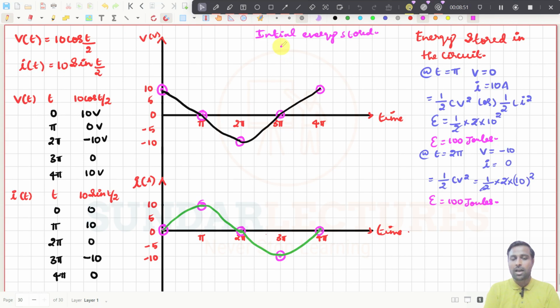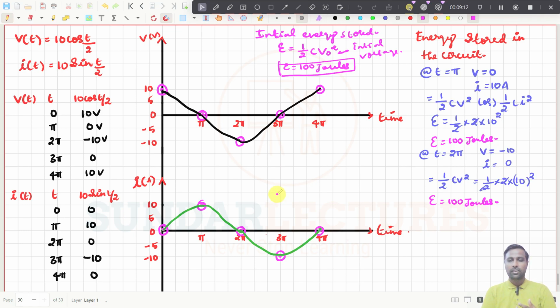The energy is equal to half C V naught square, where V naught is nothing but the initial voltage of the capacitor. If you simplify this, you will get again 100 joules. So initially you got 100 joules in the capacitor, and that 100 joules is now stored in the circuit.